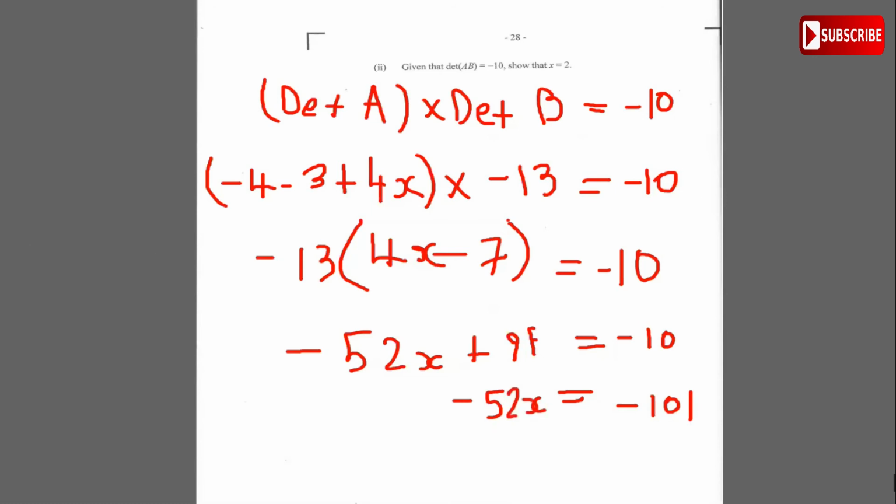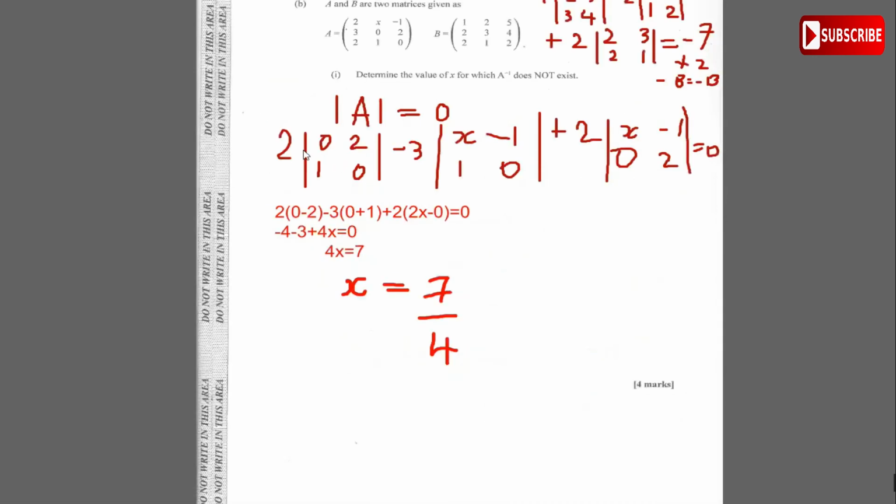What went off now? Is the determinant of A right? Just checking to make sure this is right. 2x, this is 4x. This is minus 1 is plus 1. Minus 3. This part is definitely minus 3.